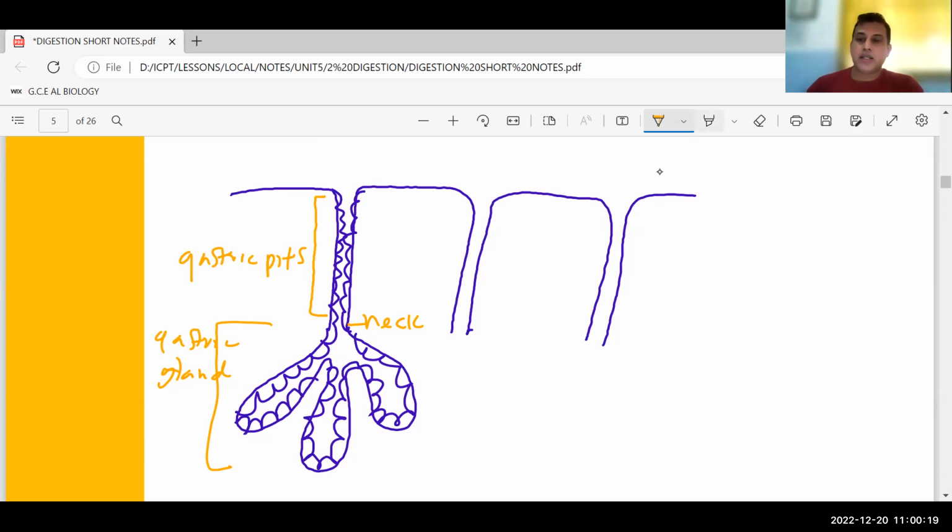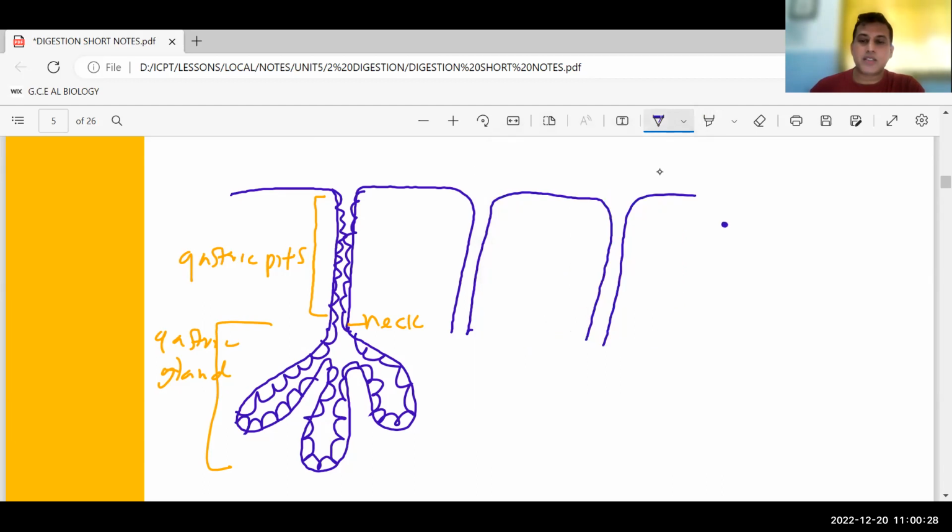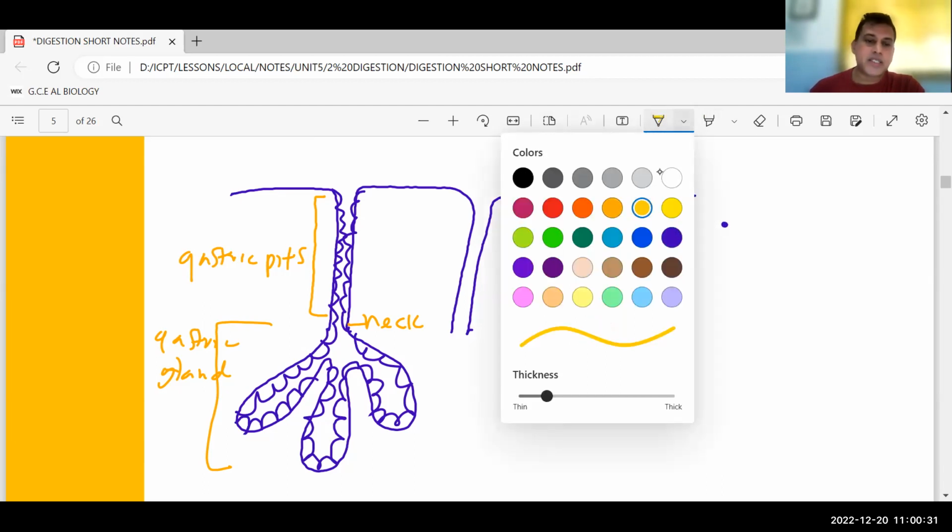Okay, then we can identify three, four kinds of special cells in these areas.